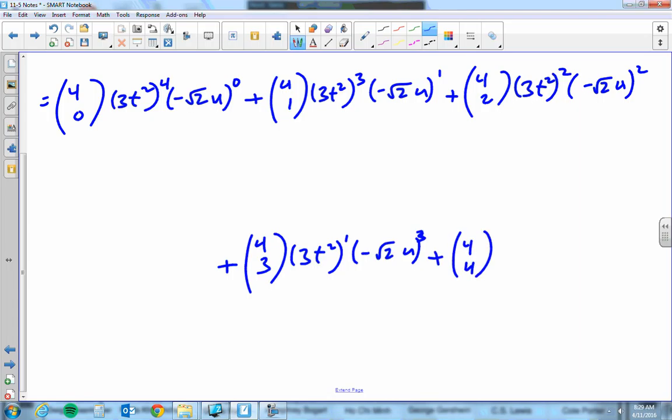By the way, these exponents should all add up to what in this problem? 4. So not only do I try not to make mistakes, but if we do make mistakes, we'll try to catch those mistakes.